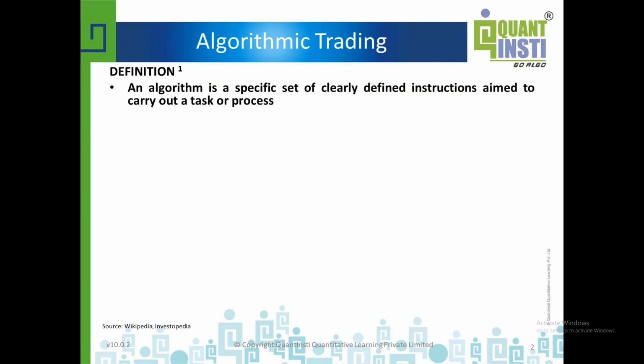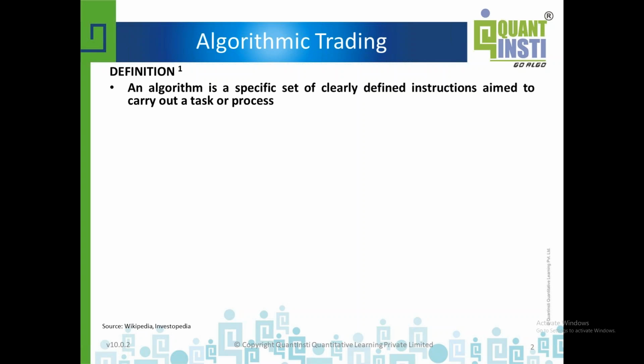Earlier there was a lot of human intervention: what price did you want to buy, what quantity, which share? With computers, you could set up algorithms, you could set up instructions and tell the computer, this is the stock, these are the conditions at which I would want to buy a particular stock at this particular price.